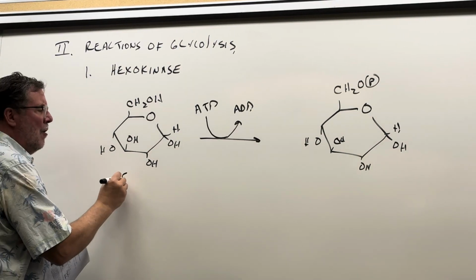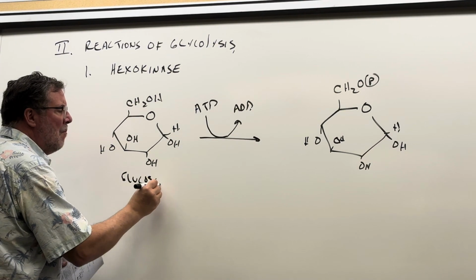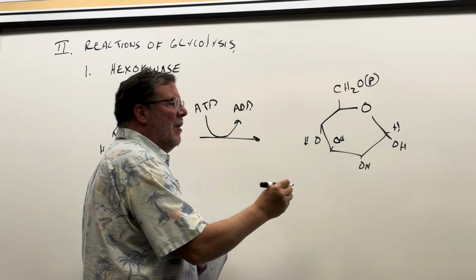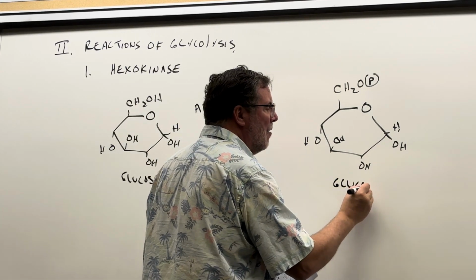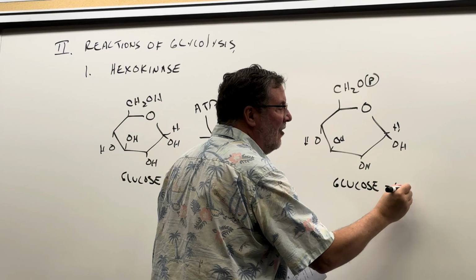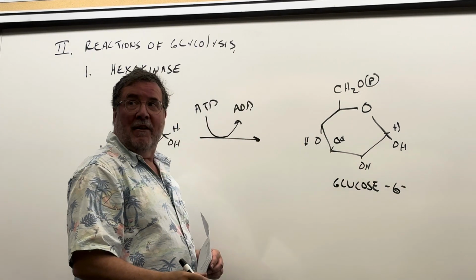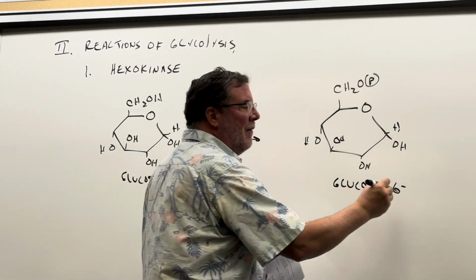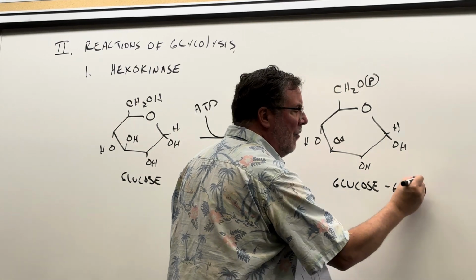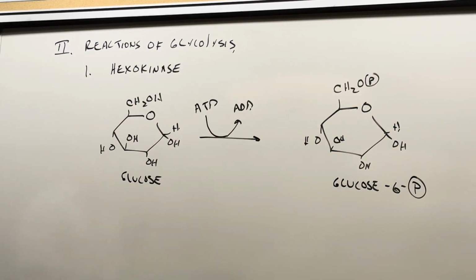So this is glucose. And this is glucose 6. And I'm going to do this abbreviation just to help us get it through. I could write phosphate each time, but I'm just going to put a P with a circle, because a P with a circle represents a phosphate.